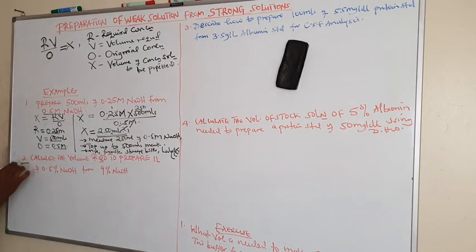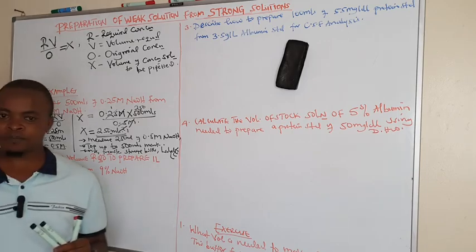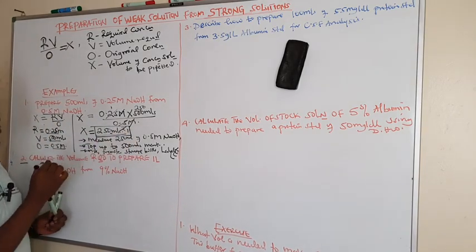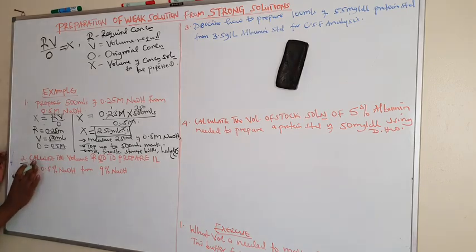Then example number 2, we are required to calculate the volume. We are not required to prepare. When they ask you to describe how to prepare, then after getting the volume to be pipetted, you go ahead and describe. But here, they want you to calculate only.